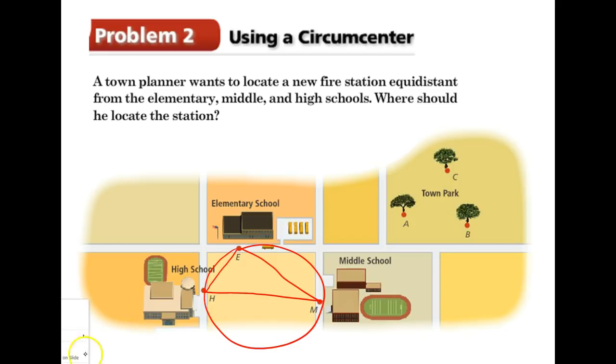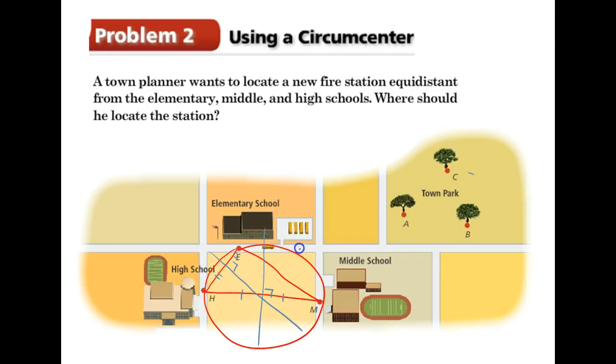So let's change colors here. If I draw a perpendicular bisector of side HM, and then I do it again from side HE, roughly. Missed a little bit, but you get the idea.